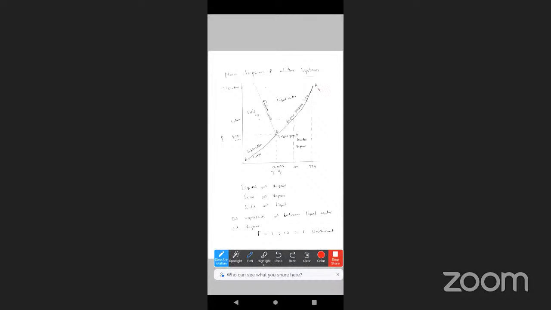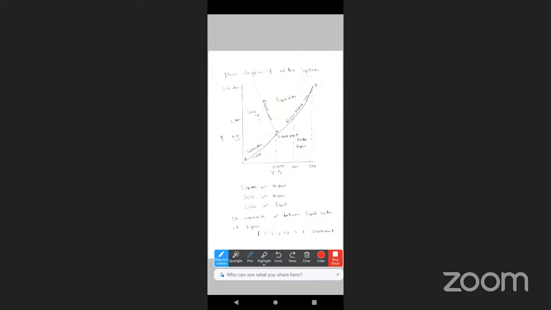Now let us discuss the phase diagram of the water system. As I said, the water system is a one component system where solid ice, liquid water, and water vapor, so three phases coexist. In those three phases, any two phases are in equilibrium.